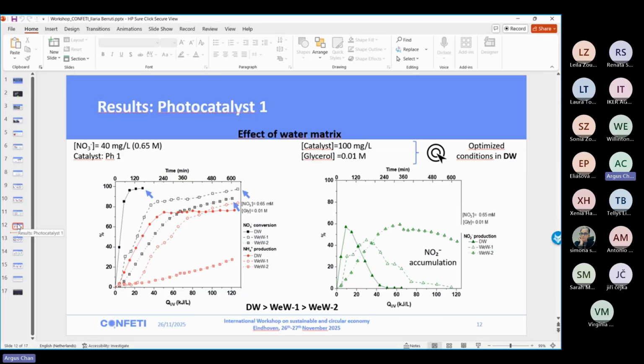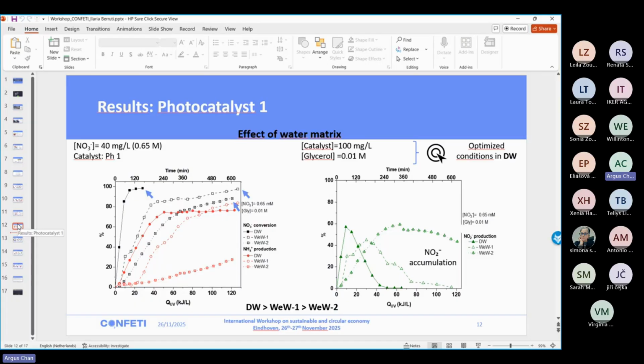Then, under the optimized conditions, which are 40 milligrams per liter of nitrate, 100 milligrams per liter of catalyst, and 0.01 molar of glycerol, we assessed the feasibility of this process in the two groundwaters. We can see that there is an effect of the competing species on the efficiency of the process.